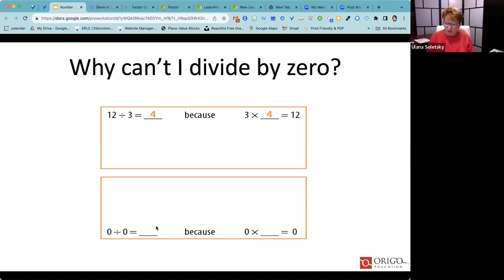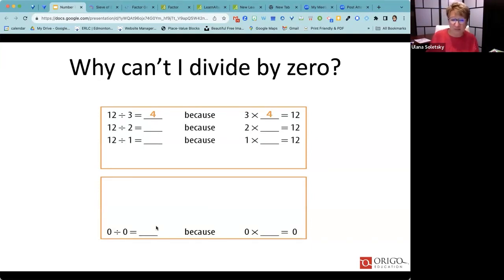So it does divide because there are 2 factors I can multiply together to get that number. How about 12 divided by 2? Can I divide 12 by 2? Yes, because 2 times 6 gives me 12. 12 divided by 1 is 12. Why? Because 1 times 12 is 12.